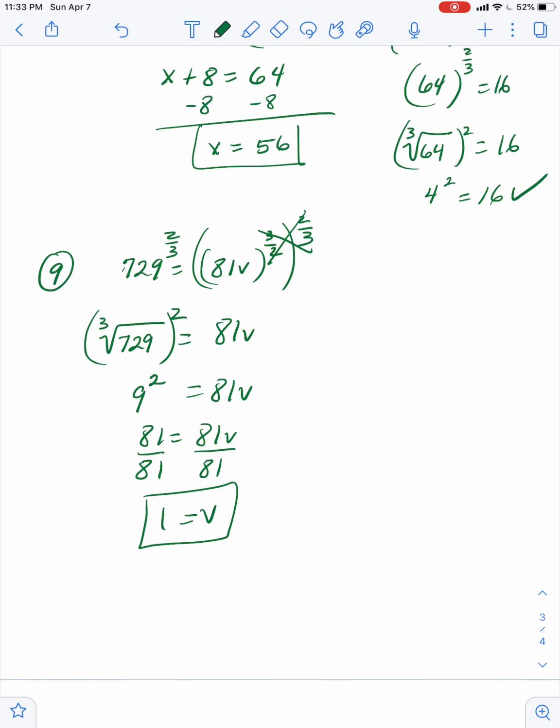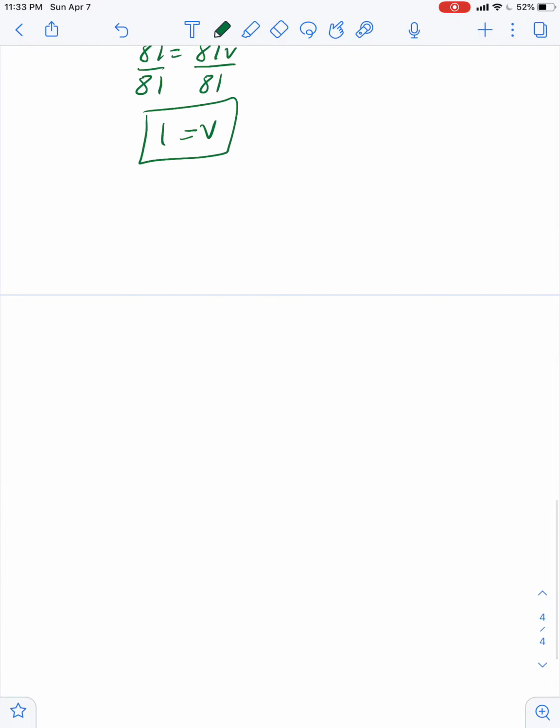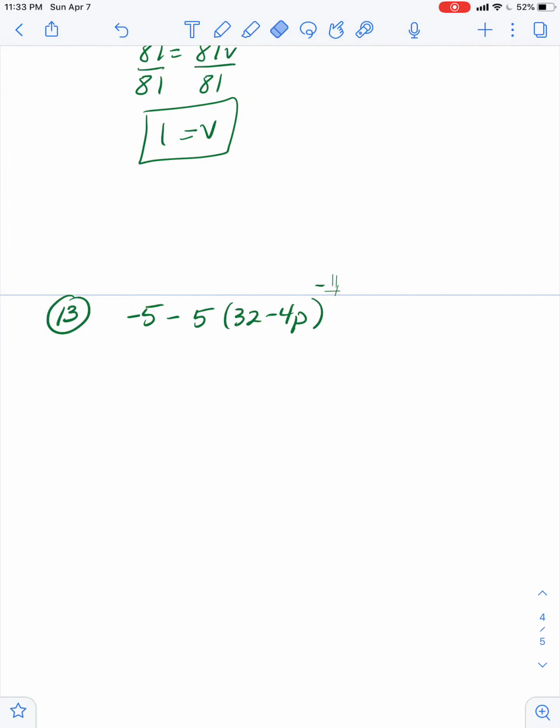Okay. And let's see, we're going to jump on down to 13. It's got a lot more steps to it. Now, I'm also going to say, whoops, sorry, my pen's not right all of a sudden. There we go. Equals 11, negative 11/2.